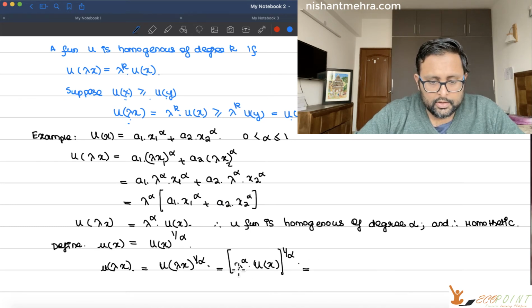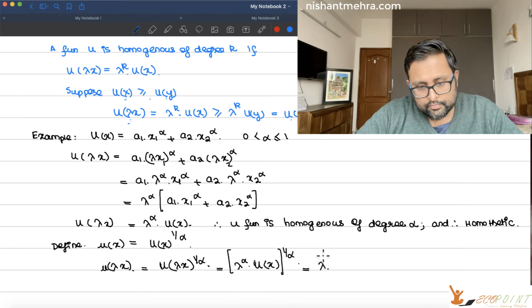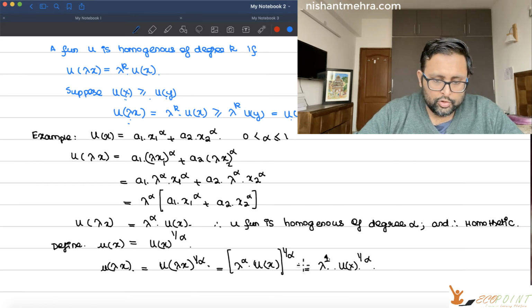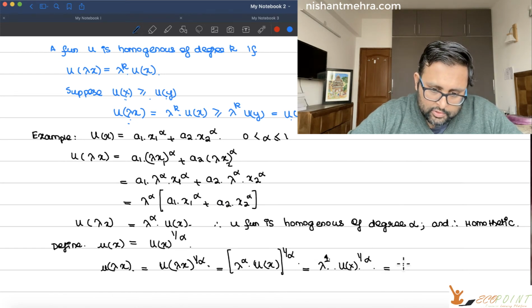This lambda to the power alpha into 1 upon alpha would become just lambda to the power 1. Lambda to the power 1, and this is capital Ux to the power 1 upon alpha. Well, capital Ux to the power 1 upon alpha is what?